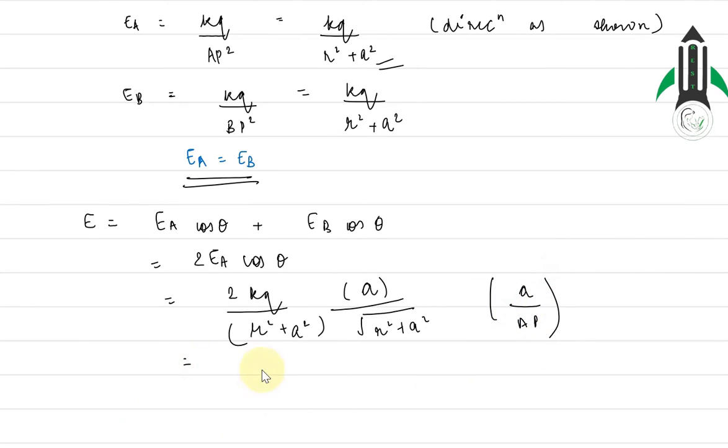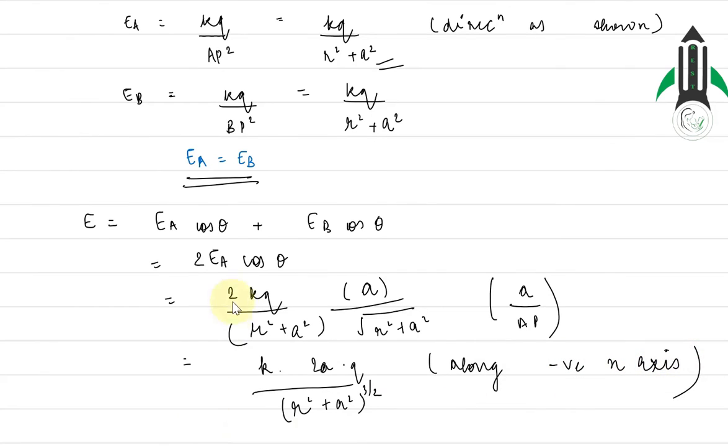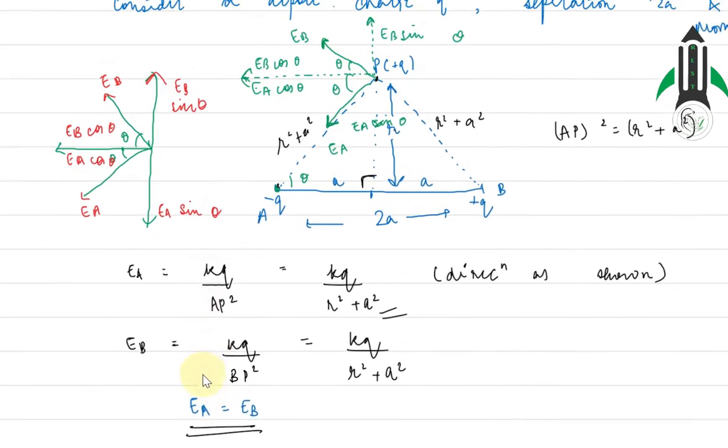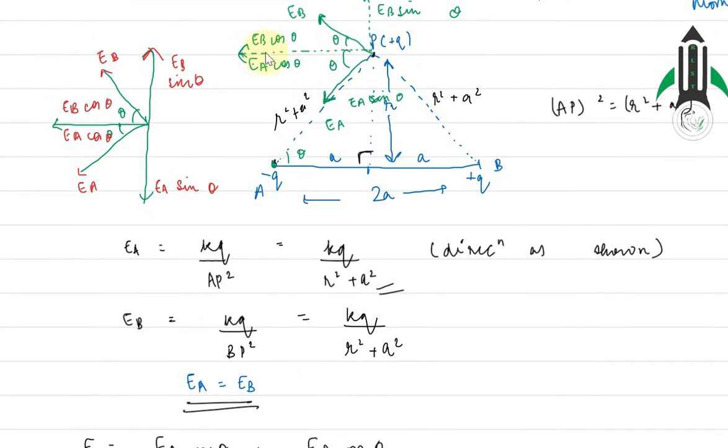So calculating this, we take out K, this is 2a into Q upon r square plus a square to the power 3 by 2. And the direction is along negative x-axis. The direction is towards negative x-axis.